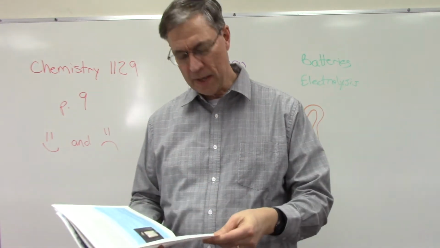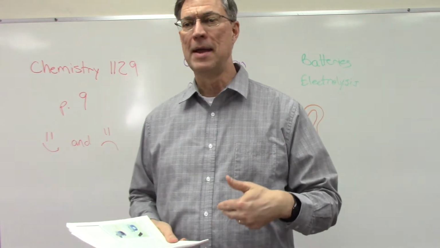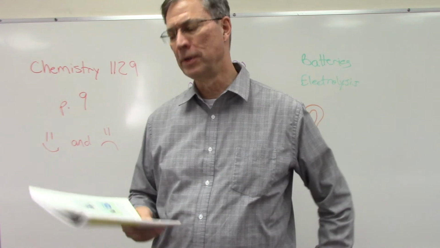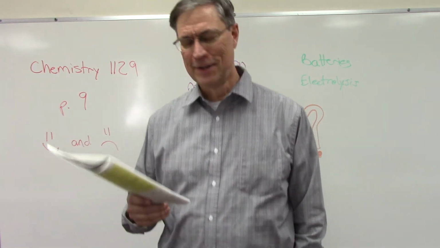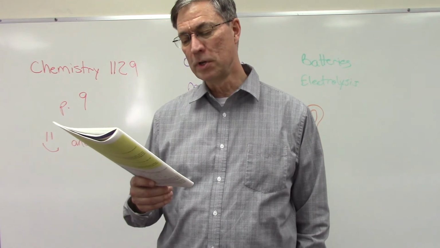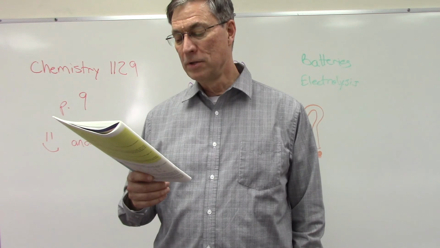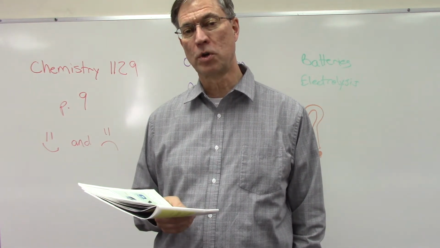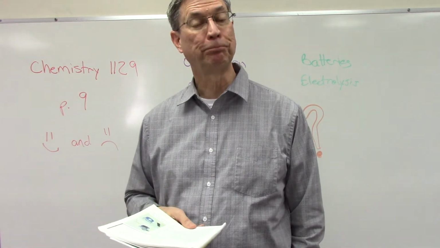If you turn the page and look at page 10, that chart will make it clear. As they continue talking about lithium, they have it correct the rest of the way, but this particular statement should be the other way. It should say, lithium is the strongest reducing agent, but it is also the weakest oxidizing agent.